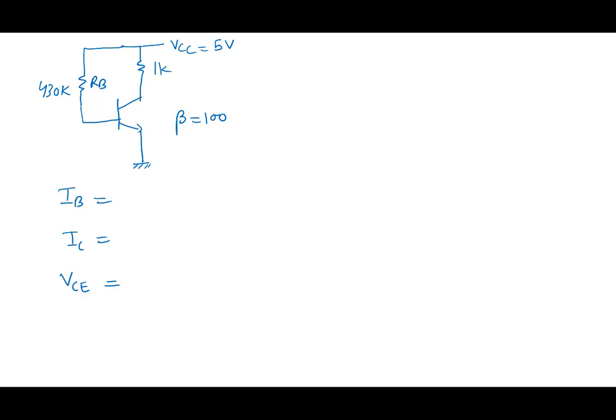Note that when you are given a circuit like this, remember what we said, the analysis requires what? How do you do analysis? Analysis is based on KVL, KCL, and what else? Models.